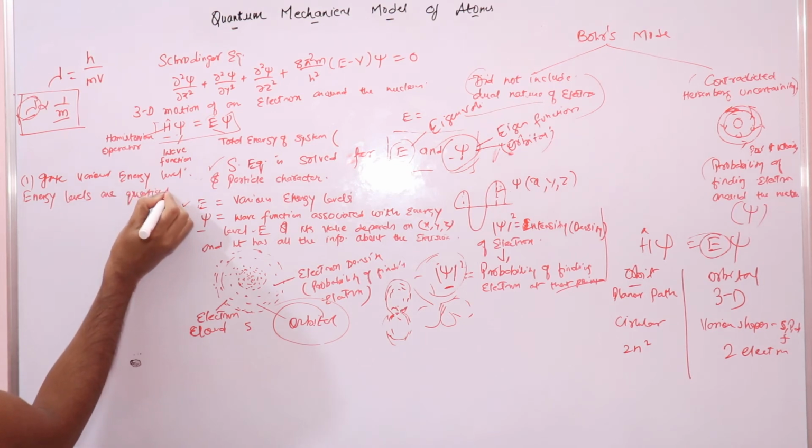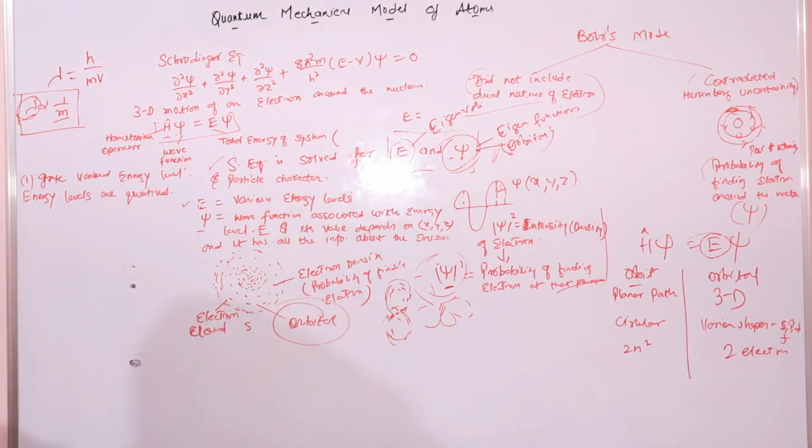When we say quantized, we mean they have certain specific values. They cannot have any value, but only certain specific values. We also said that both the exact position and velocity of an electron in an atom cannot be determined simultaneously. With Heisenberg's principle, the path of an electron in an atom can never be determined accurately.